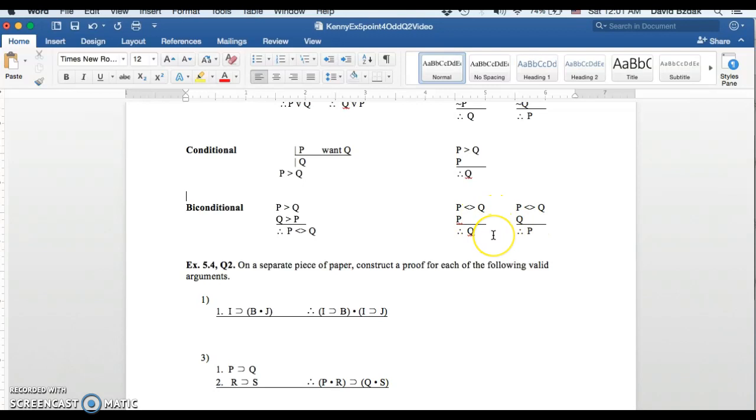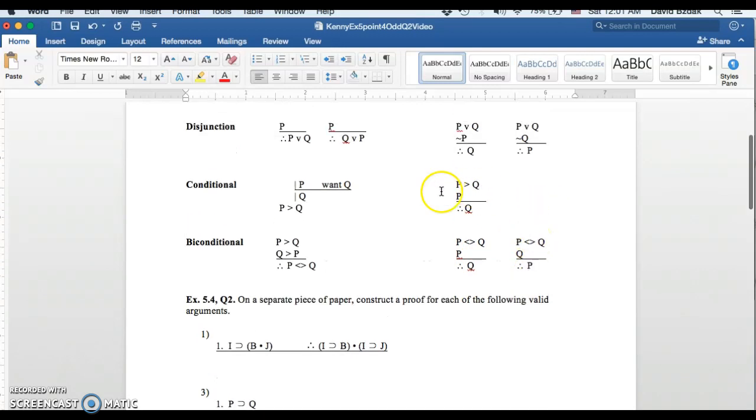The biconditional truth table comes out true only if both have the same value, namely if they're both true or both false. So if I know this biconditional is true, the whole thing, and I know that the first part is true, then the second part has to be true. Or if I know the biconditional is true and the second part is true, the first part has to be true.